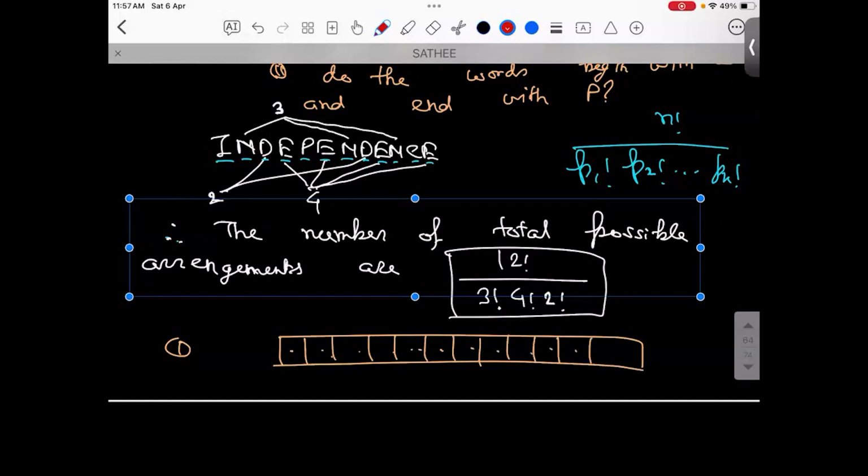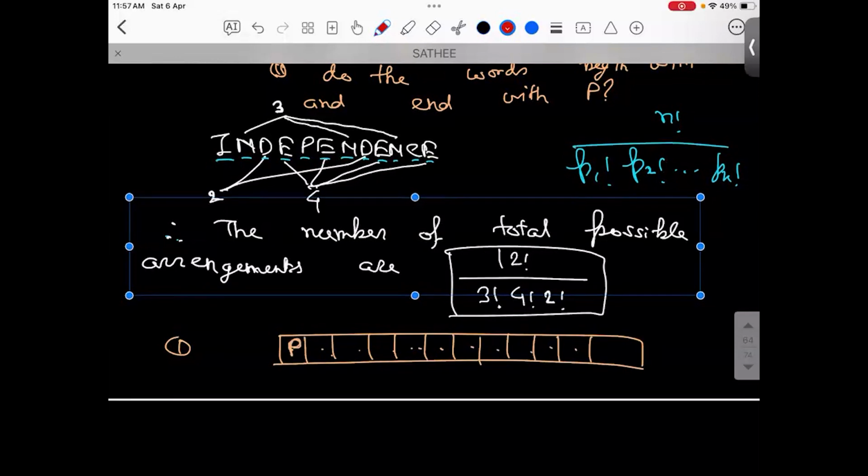So in this case, P is fixed in the first position. So here we are left with 11 more positions. 11 positions are left. And how many letters do we have? 11 letters. Among them, how many are getting repeated?